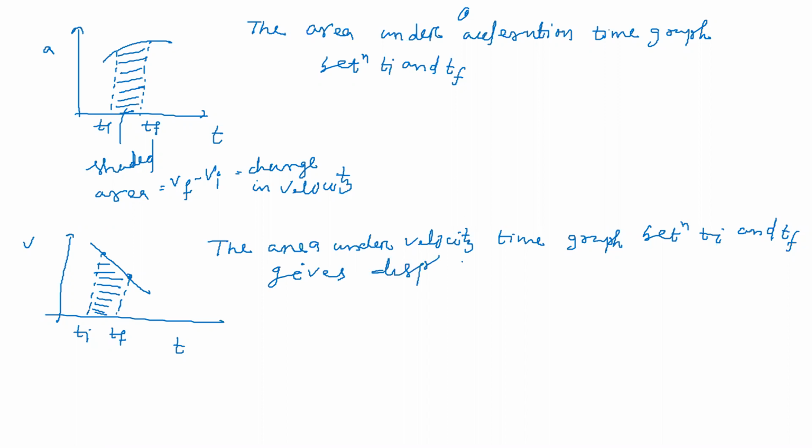Velocity into time, area means velocity into time, gives displacement. That is Tf minus Ti.